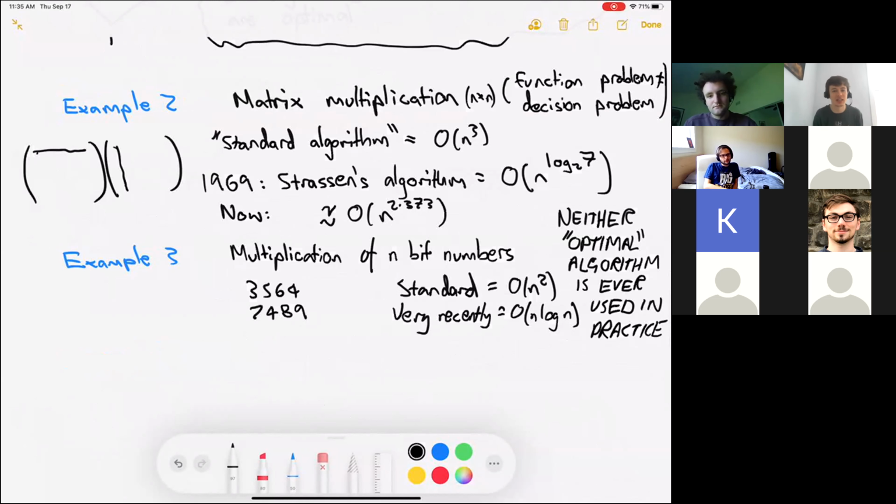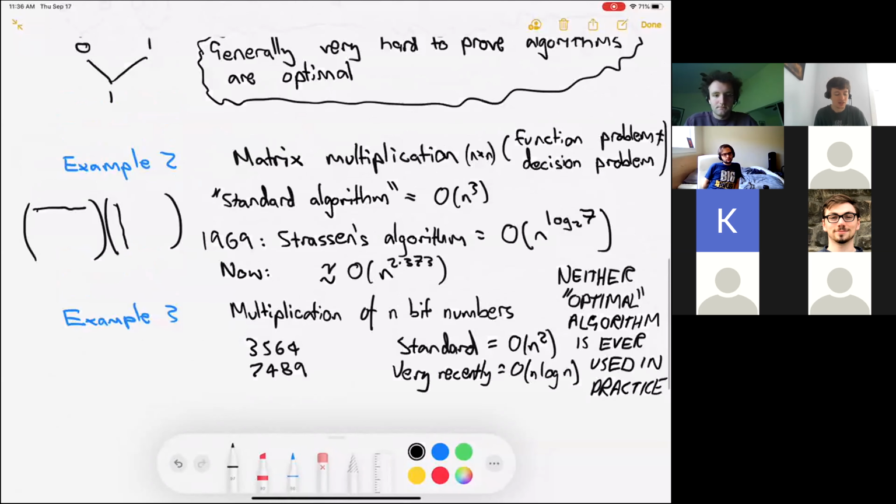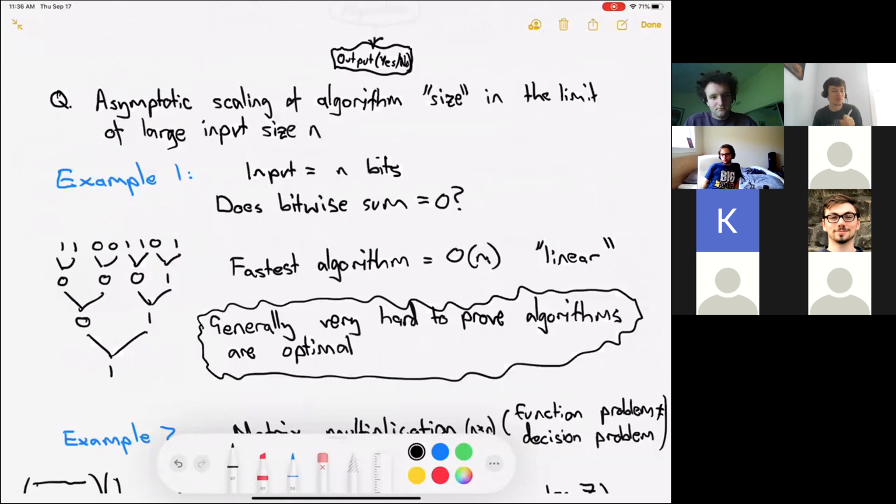And that then gives you the scaling. And that's why it's log base 2 of 7. It's really just finding a way to not repeat stuff you've already done. With this multiplication, we're looking at all the numbers lots of times and multiplying them together in different pairs, so it's clear that there could be some efficiency savings there. It's not like the earlier example where we were literally only looking at the numbers once and they clearly needed to be used in some way, so there's no way it can be improved.